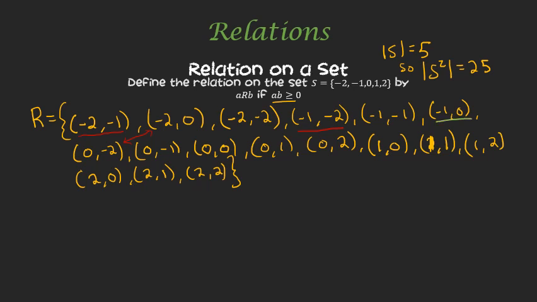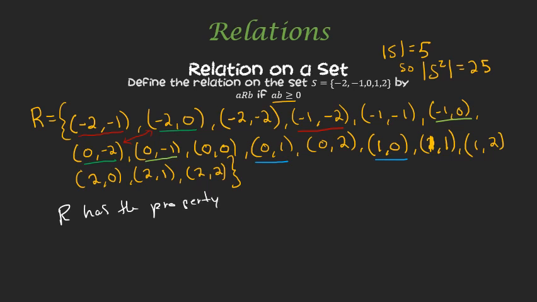(-1, 0), (0, -1). (0, -2), (-2, 0). (0, 1), (1, 0). So you can do this for every ordered pair. That is, R has the property.